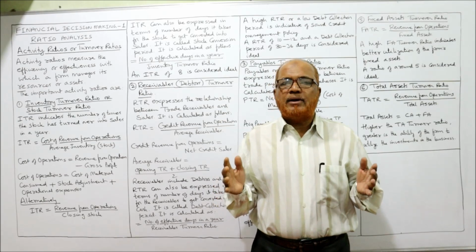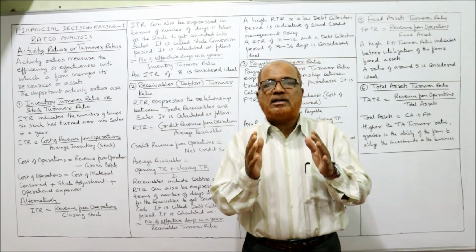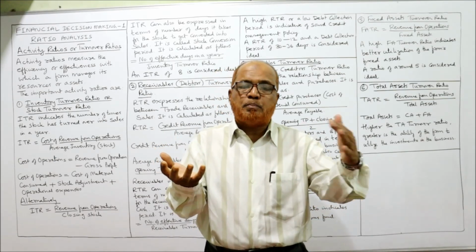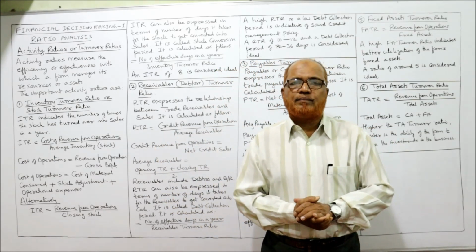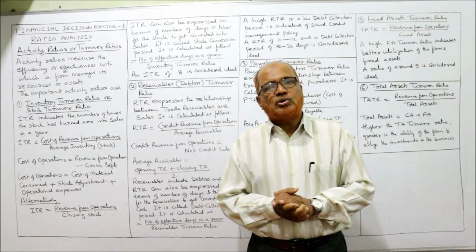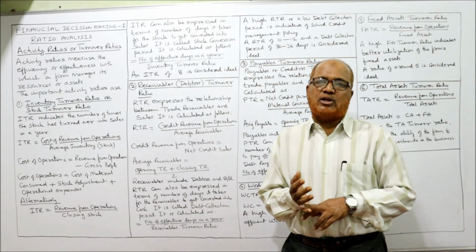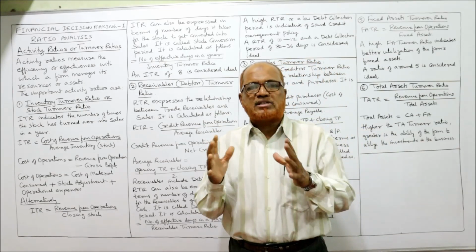Whether the business can pay the current obligations on time or not. Whether current assets are sufficient to pay the current liabilities or not. That is liquidity ratio. So three liquidity ratios: current ratio, quick ratio, absolute liquid ratio. Along with the formulas I have explained.